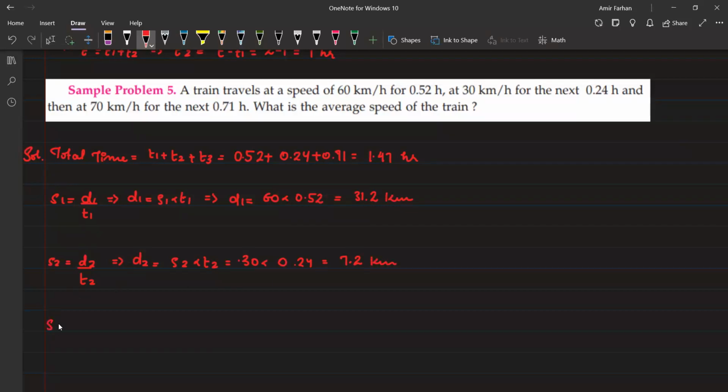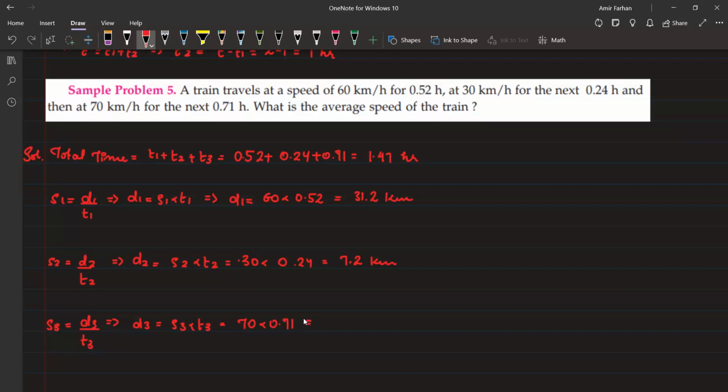And S3 is equal to D3 by T3. So D3 will be equal to S3, which is 70, into 0.71.